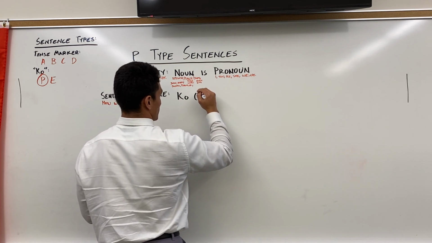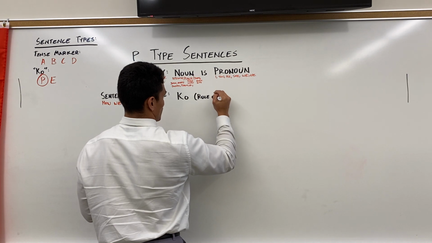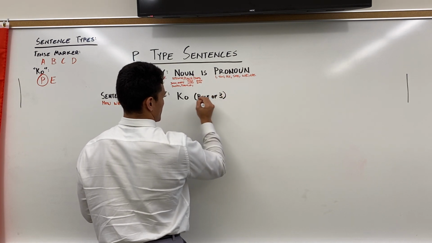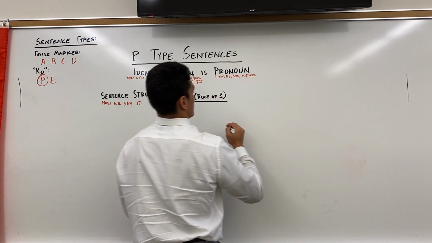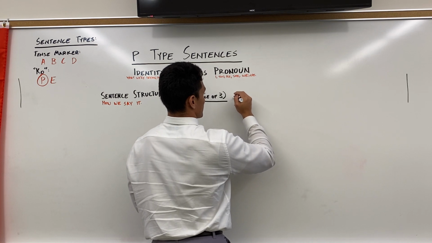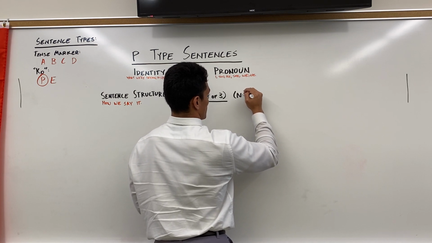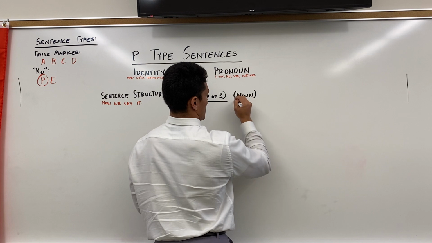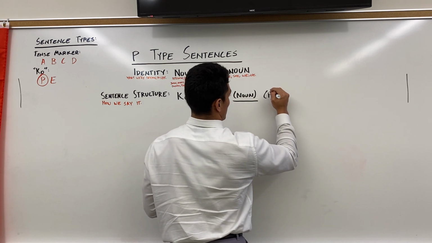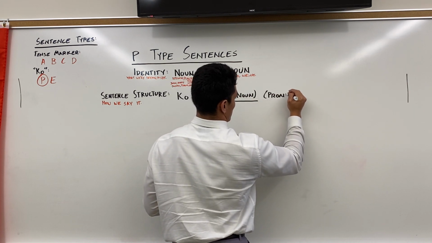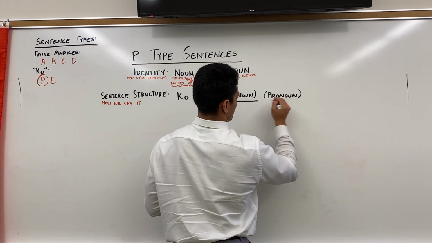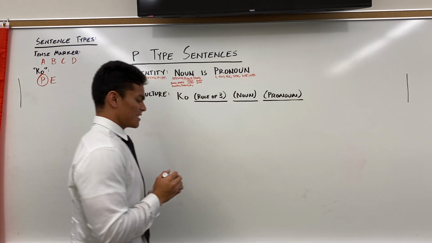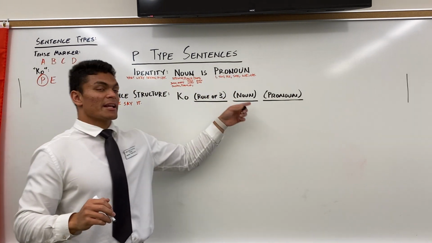Then we have something called the rule of 3. And then we're going to say our noun. And then we're going to say our pronoun. Easy enough. Go, rule of 3, noun, pronoun.